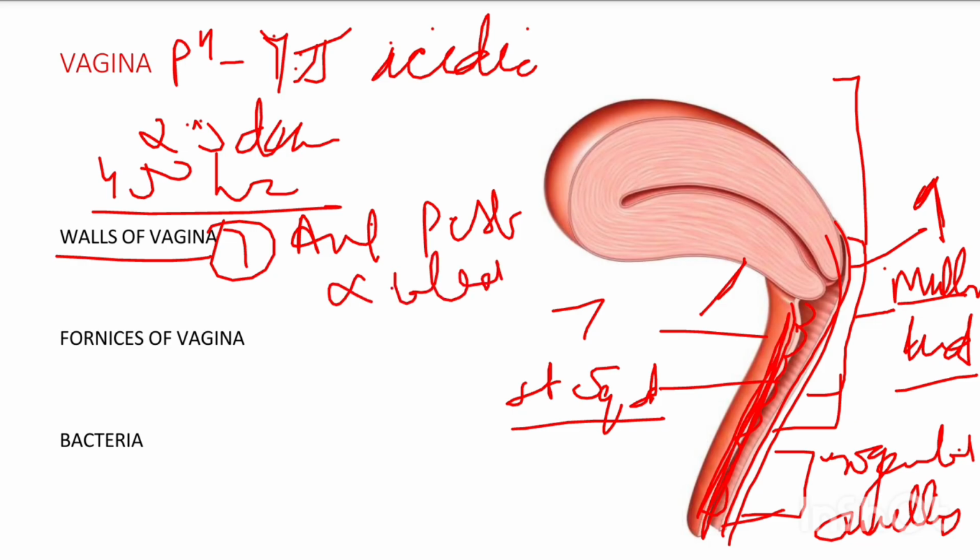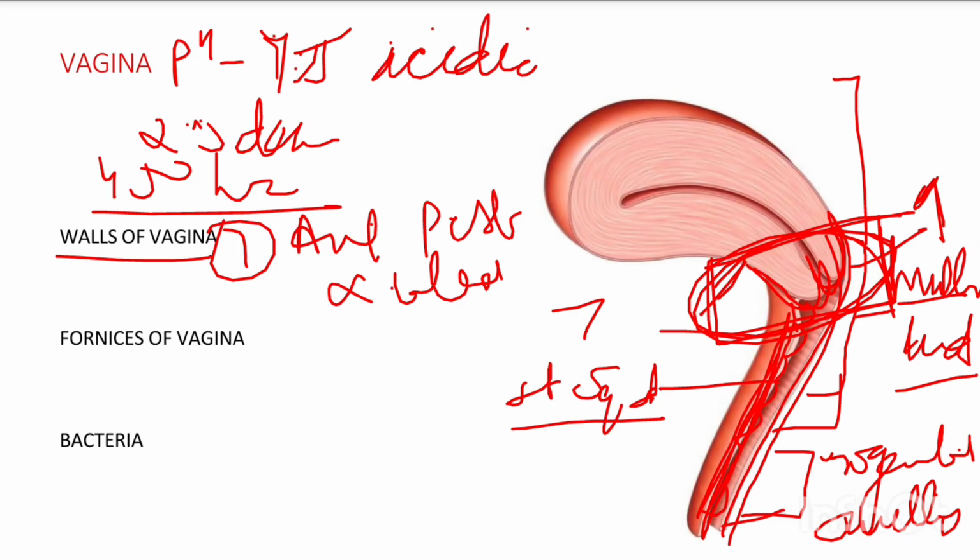What is the fornix? In the upper part of the vagina, the cervix is protruding. This is the cervix protruding into the vagina. The cervix protruding into the vagina forms a pouch-like structure called the fornix.